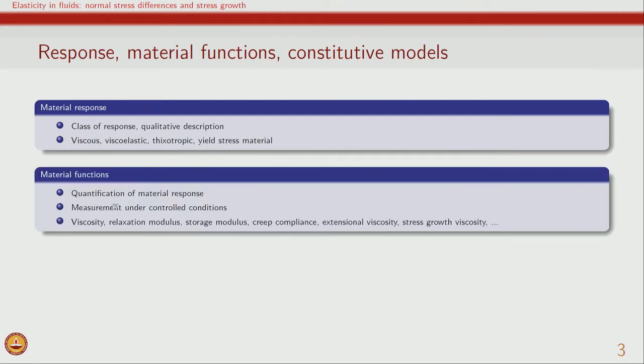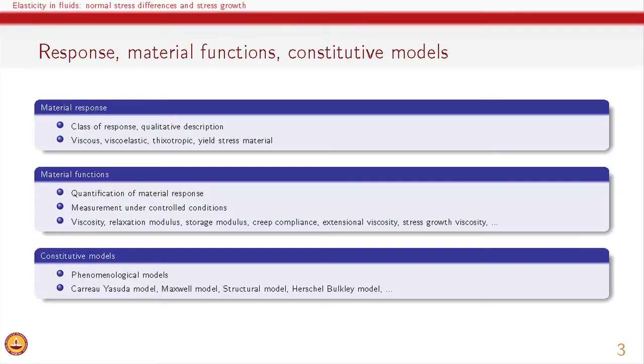Similarly, we have already started quantifying material response through viscosity, relaxation modulus, storage modulus, and creep compliance. And in this set of lectures, for example, we will look at stress growth, viscosity, and normal stress differences as an additional set of measurements, which are again done under controlled conditions.